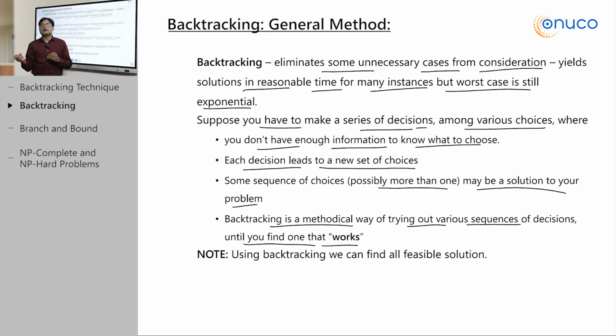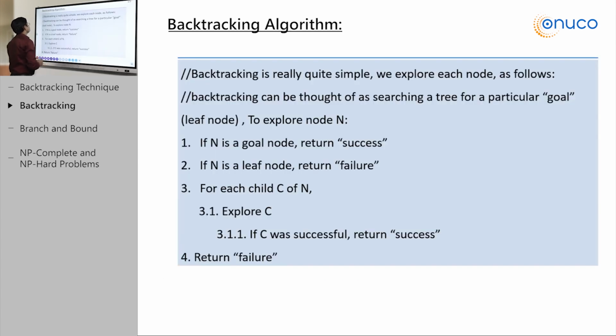Dead end means what? Thereafter we don't have any further choices to make, right? In such cases, what will happen? Again, you are going to backtrack and find out whether there are any other possibilities to find solutions for the given problem. Using backtracking, we are going to find all feasible solutions, as I said.